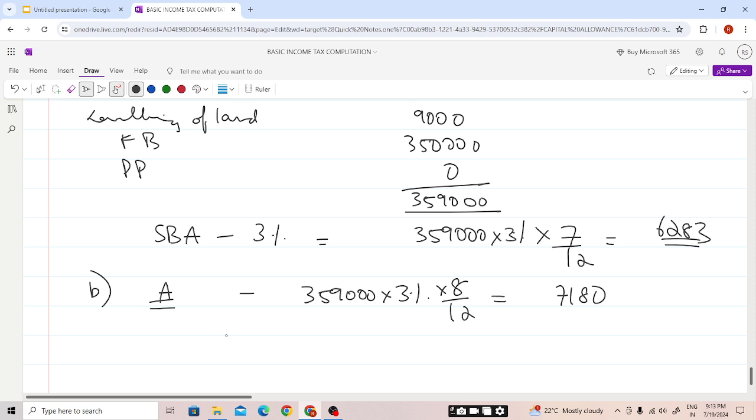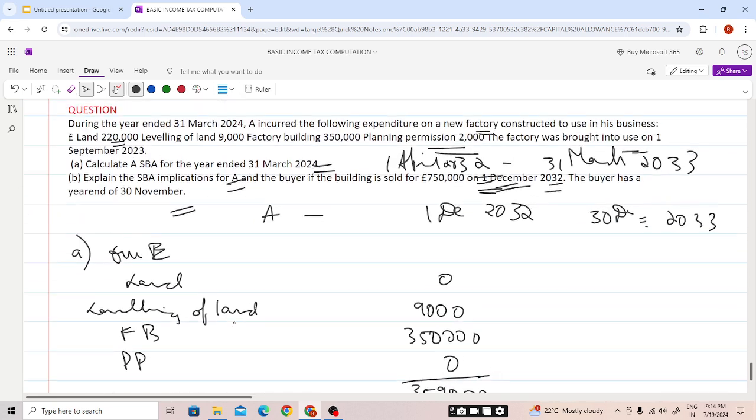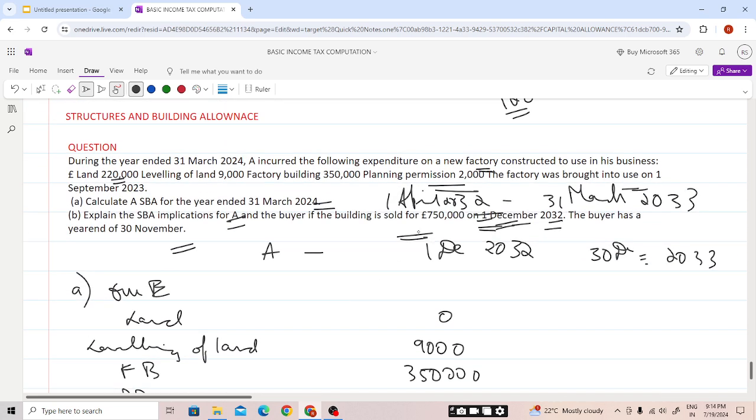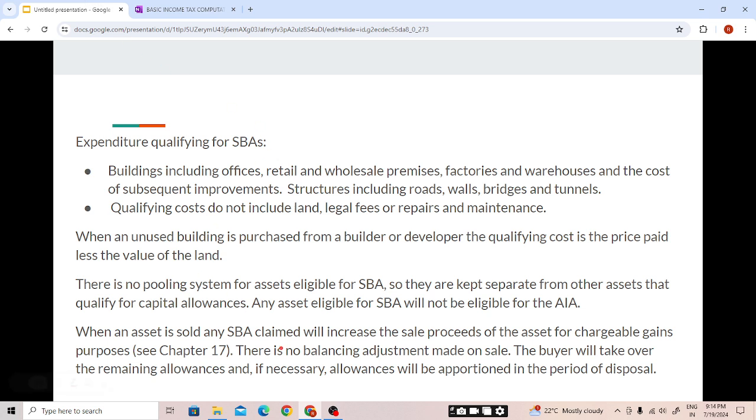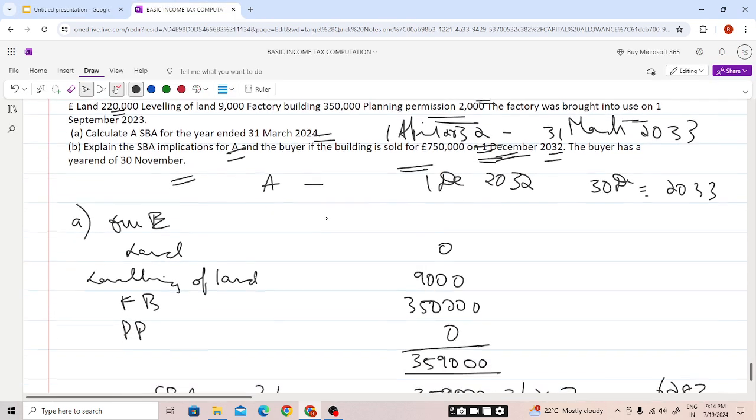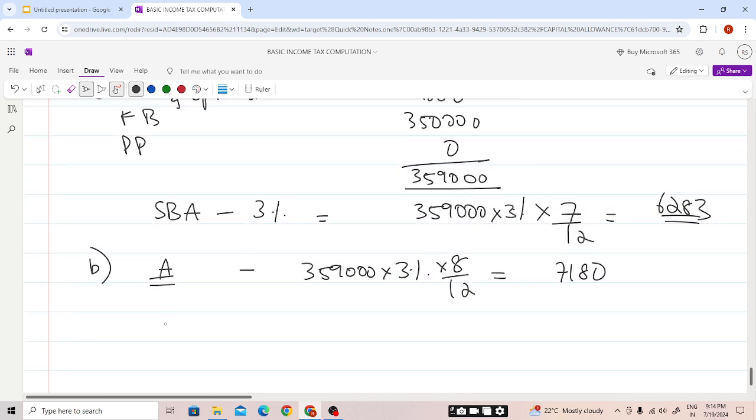And now for the buyer, students, the purchase price is irrelevant. Already I stated that the buyer will take over the remaining allowance on the same value on the asset which we had calculated, that is the original cost.